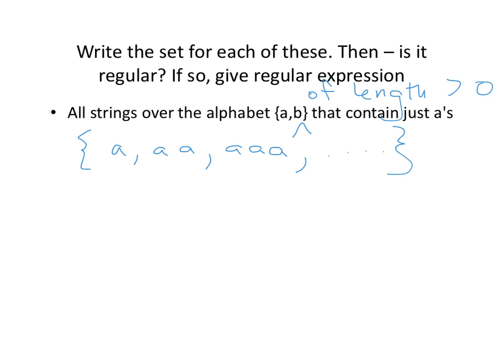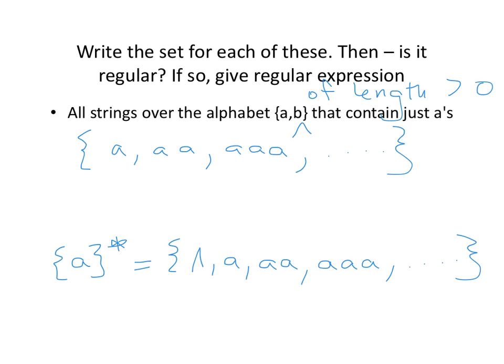And this is really just the set A star, right? What is A star? So the set A star, this is A plus, of course, but plus is not a regular expression. But A star is lambda, A, AA, triple A, and so on. So this first set is just A star without the lambda.